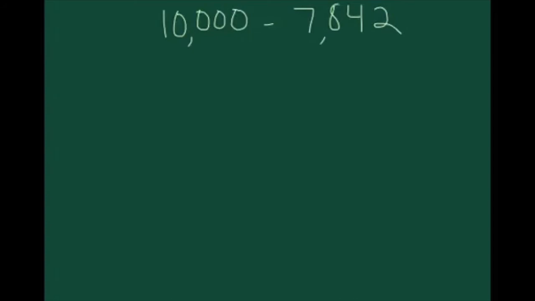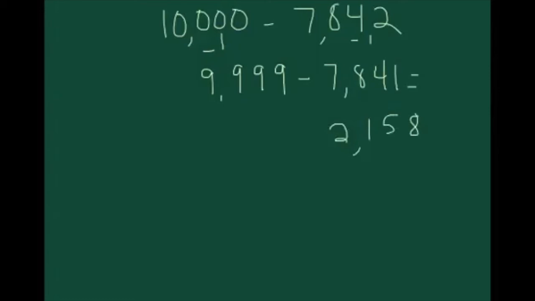So I'm going to think about this as minus 1. So I know that's 9,999 minus 7,000. I'm going to subtract 1 from here, 8,401. So now it'll be a lot easier for me to do that subtraction.